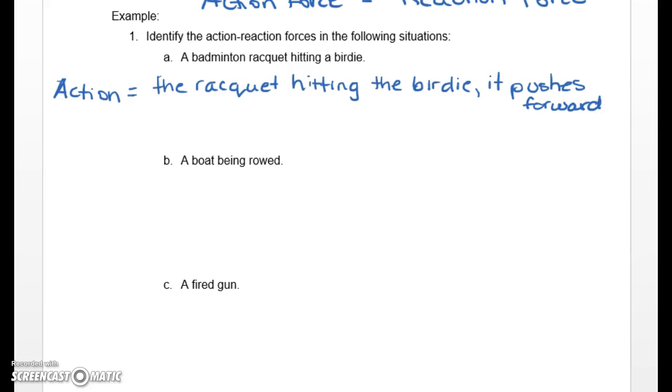Then the reaction, the negative direction, is coming from that birdie. So our reaction here is the birdie hitting the racket, pushing it back.